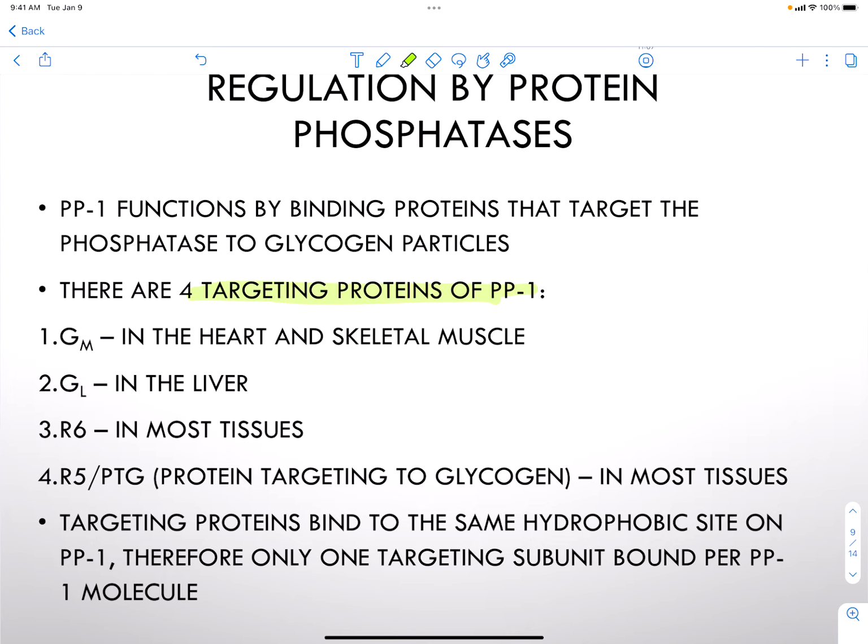You have regulatory 6 proteins in most cells and regulatory 5, as well as protein targeting to glycogen, PTG. And protein phosphatases will target these proteins, and these proteins bind to the same region on protein phosphatase. So one protein phosphatase can only target one of these proteins.